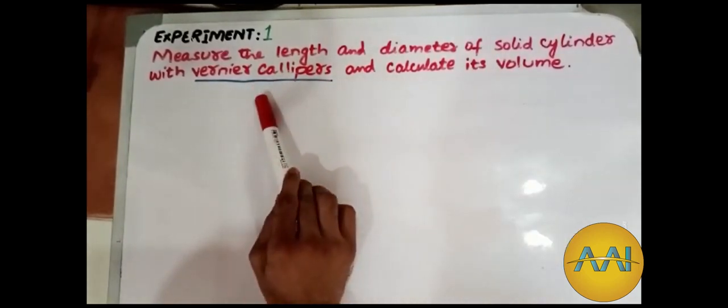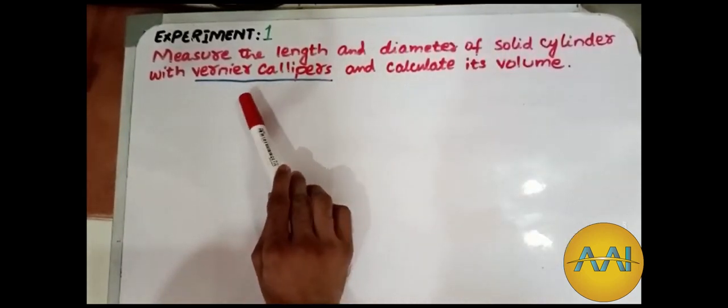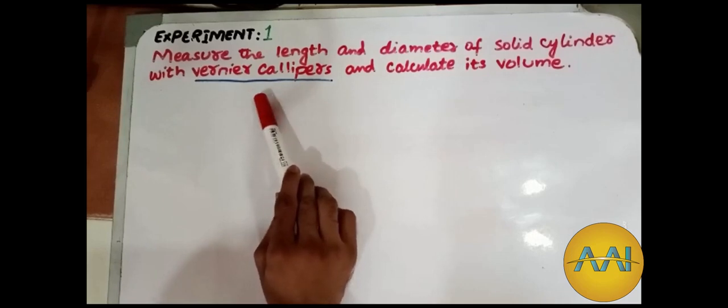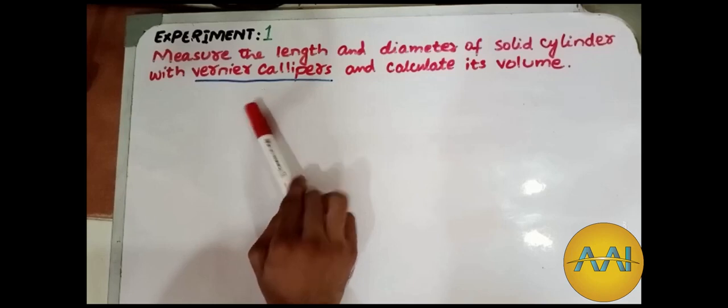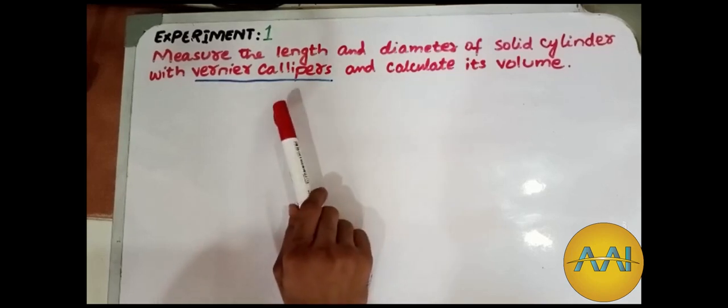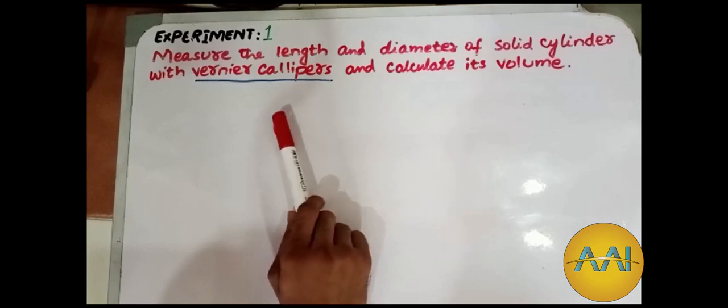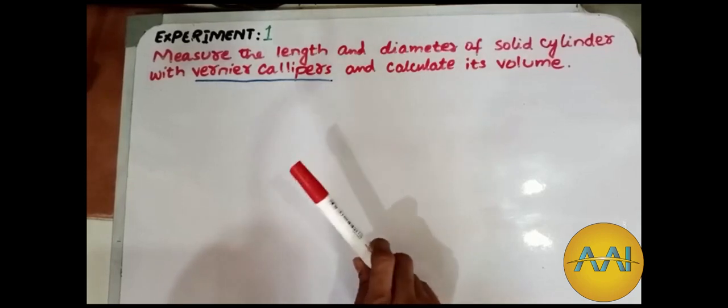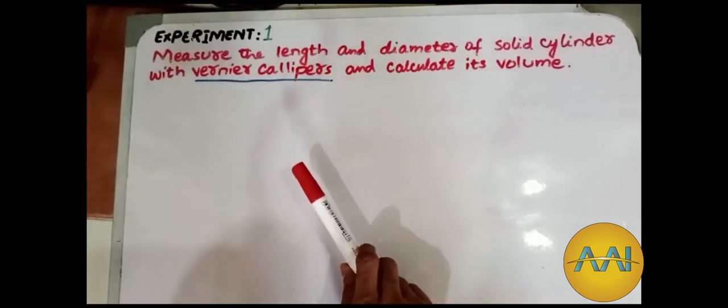So our object name is vernier caliper. The object name is what? Vernier caliper. Before starting our experiment, first we have to learn how to read the scale. Basically there are two scales on a vernier caliper.